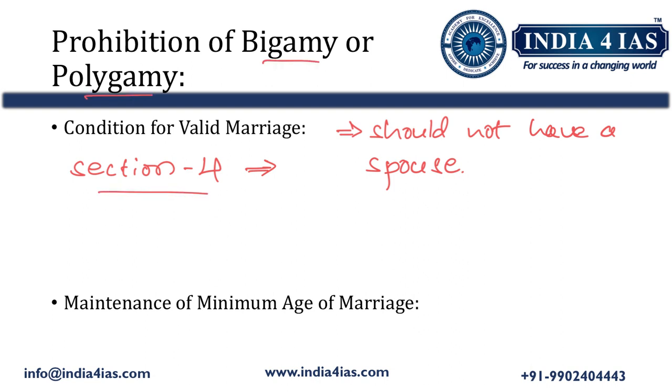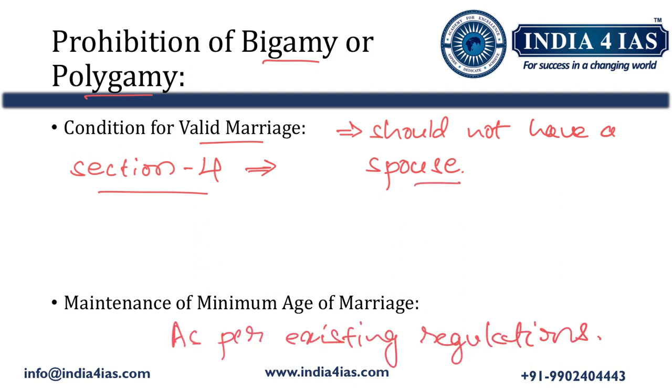Section 4 of the code sets conditions for a valid marriage, and it says that at the time of marriage, both parties should not have a spouse. The code maintains the minimum age of marriage as per existing regulations. It does not change the minimum age for marriage, both for men and women. The existing minimum age for marriage for men is 21 years and for women is 18 years.